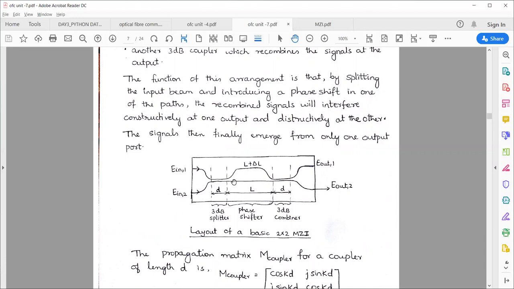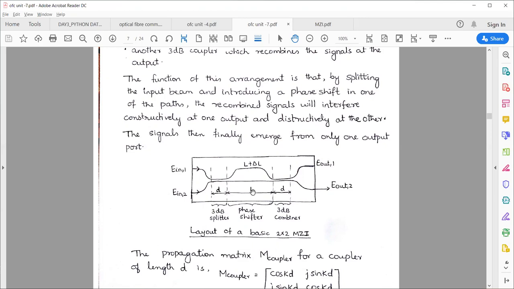That means the signal carried by one arm of the phase shifter has the same energy as the signal carried by the other arm. That is the functioning of the 3 dB splitter, and that is why we call it a 3 dB splitter, or a directional coupler.